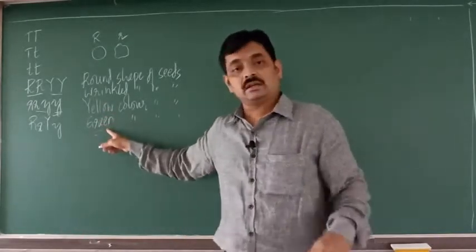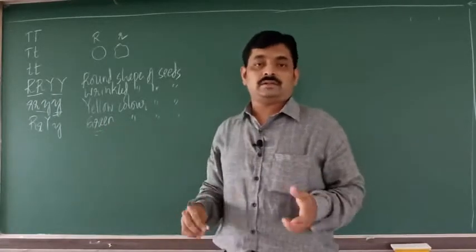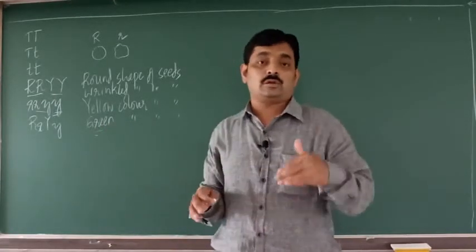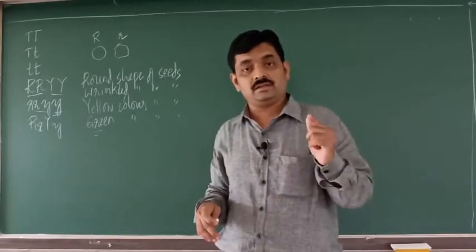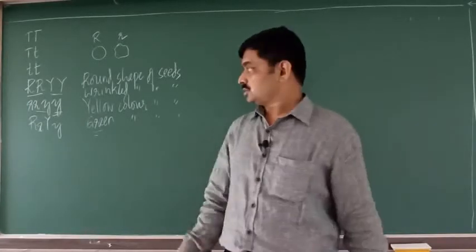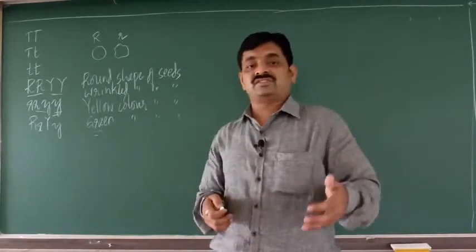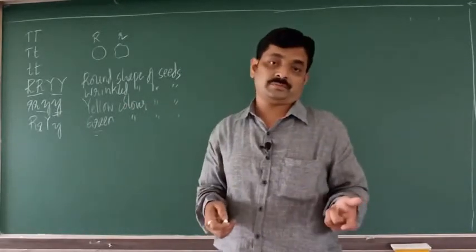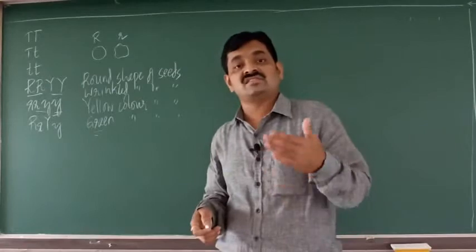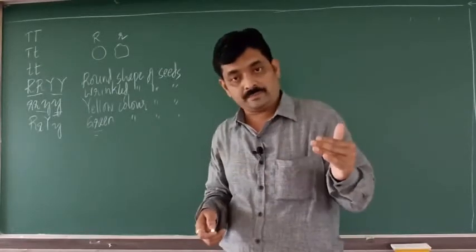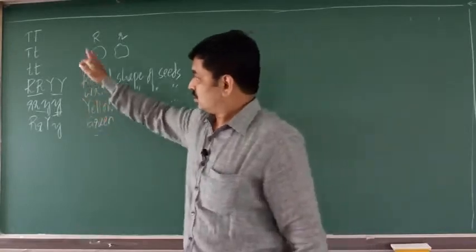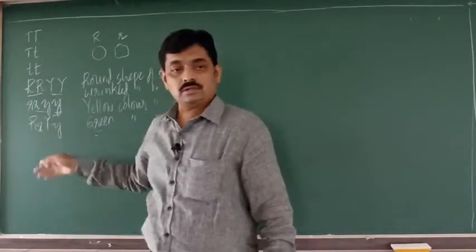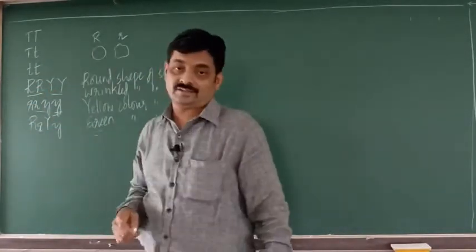Yellow and green colors of seeds are also a pair of contrasting characters with respect to seed color. So these are the two characters considered in the dihybrid cross experiment: seed shape and seed color. I hope you have understood the meanings of all these letters.